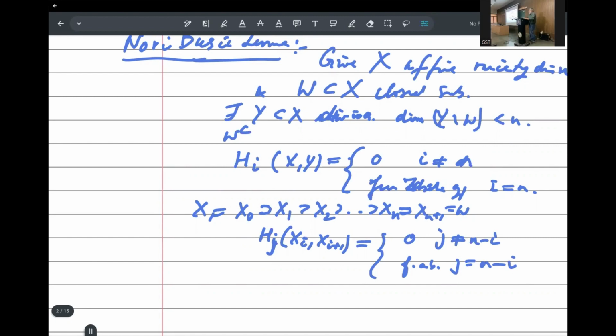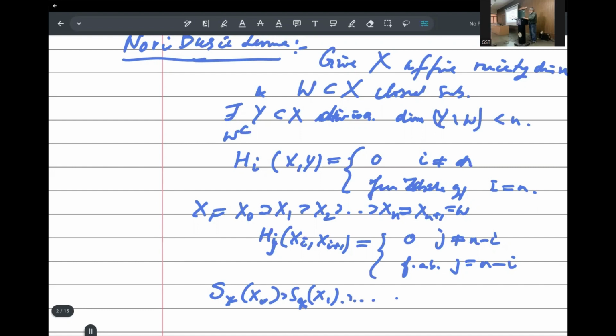Now you can use the filtration: take the chains which are supported in each Xi, that will give you a filtration. So I take the singular chain complex of X0, which contains the singular chain complex of X1, and so on.